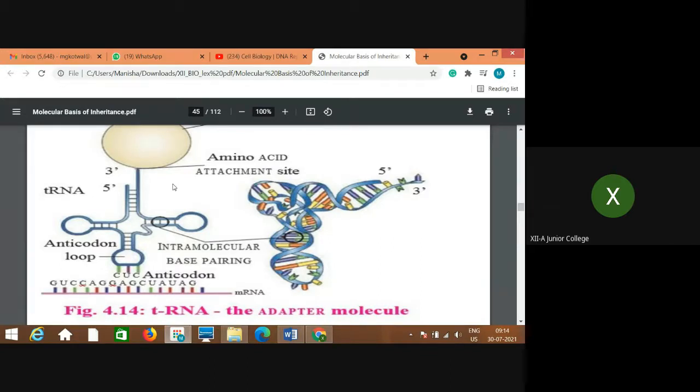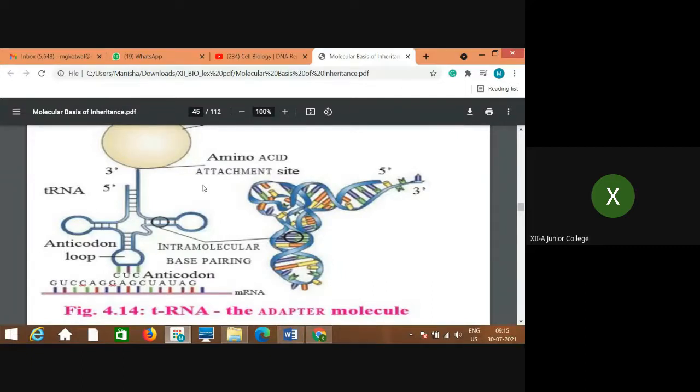Now, why is this considered the adapter molecule? Proteins are made up of amino acids. DNA decides which type of protein is to be synthesized, so accordingly the type, number and sequence of amino acids represent the type of protein.